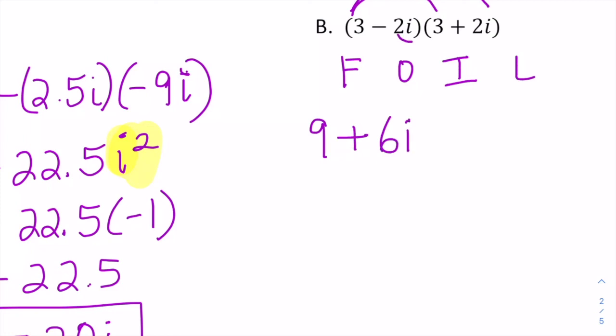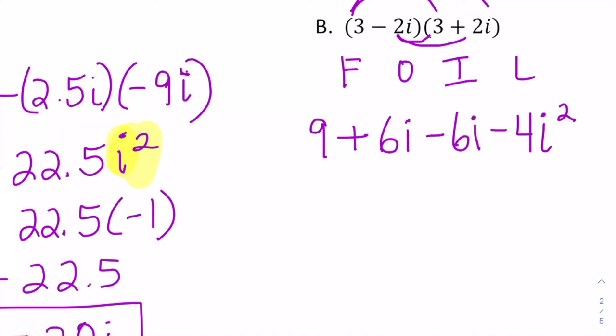The inners would be minus 6i. And then negative 2i times 2i would be negative 4, and then i times i is i squared.